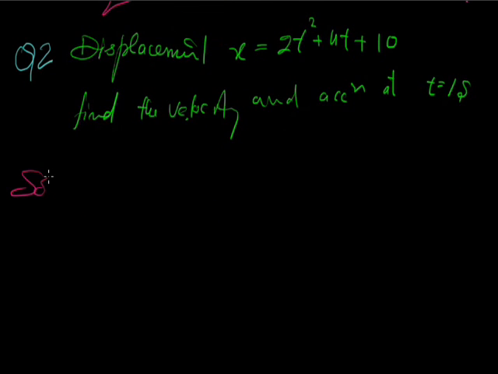Solution. We know that v is equal to dx by dt. So it is equal to 4t plus 4 only. So we can see the velocity is time dependent.